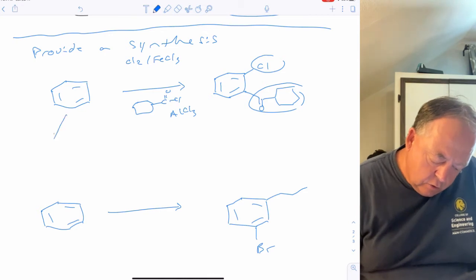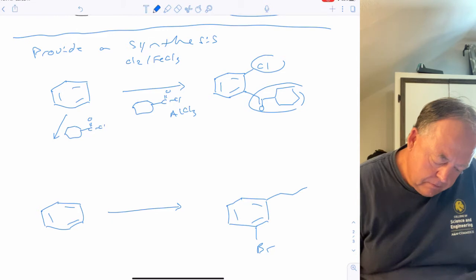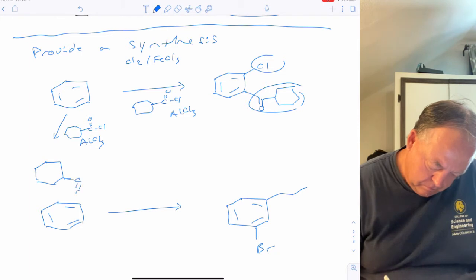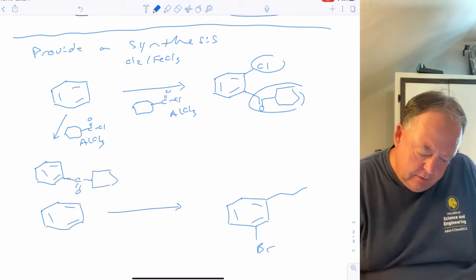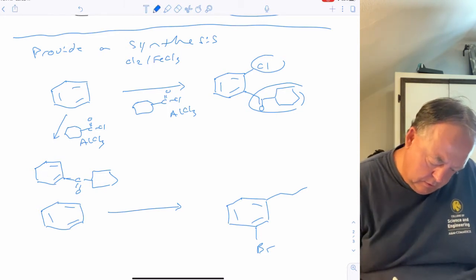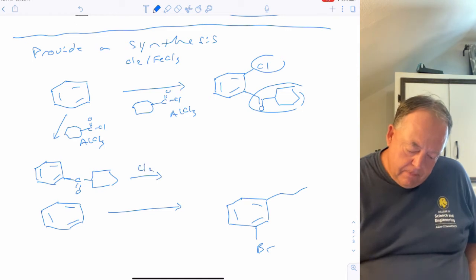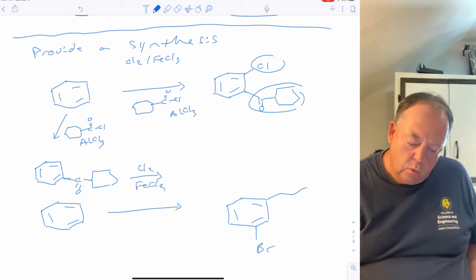So it's just a question of which one do you put on first. So if you did the Friedel-Crafts acylation first, and you made that, so then you tried to put the chlorine on. Right, does it work?